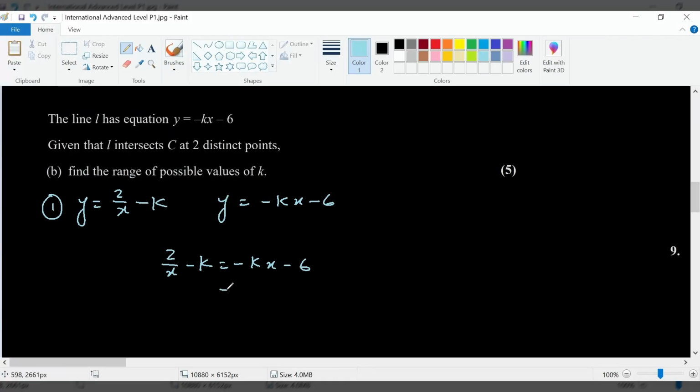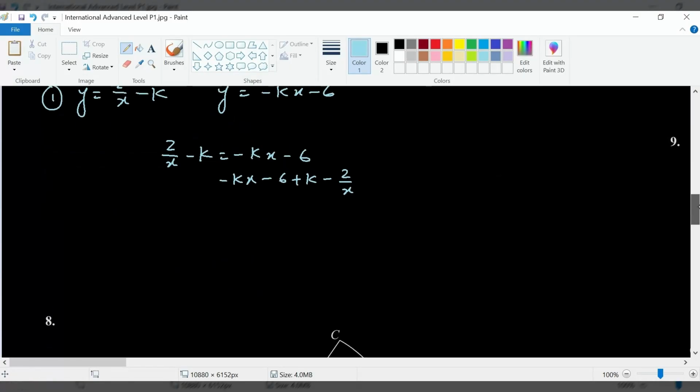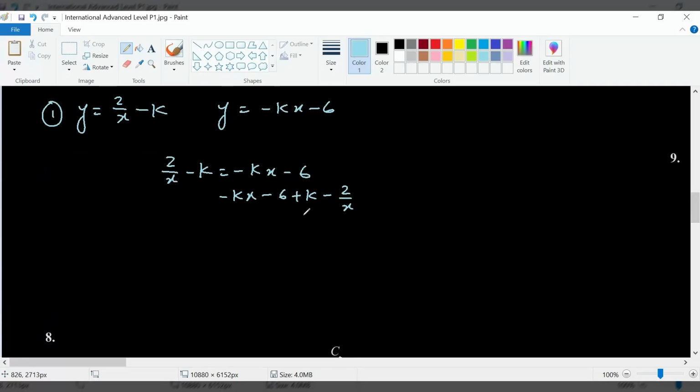This is going to be minus kx minus 6 plus k minus 2 over x, and everything equals 0, because I have taken all these to the other side of the equation. So now we have minus kx minus 6 plus k minus 2 over x equals 0.